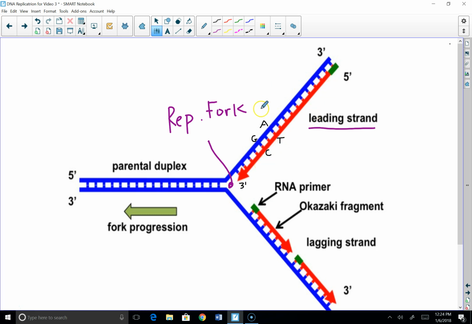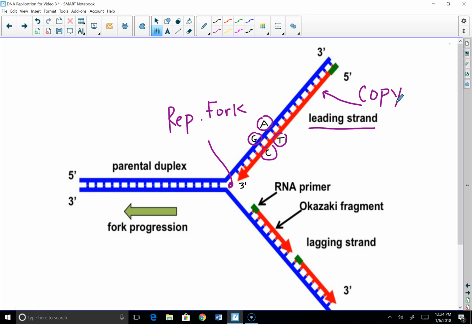So if there was an A on the parent strand, we have to bring a T. If there is a G on the parent strand, we have to bring a C. And basically what we are making is a copy of the original. This is continuous, this is fast. Notice there are no breaks.